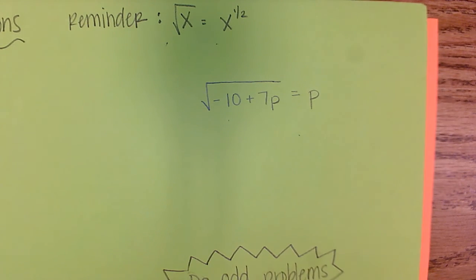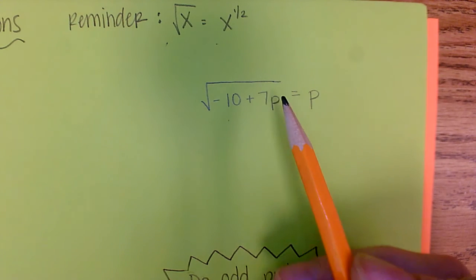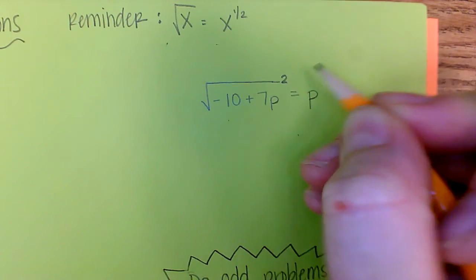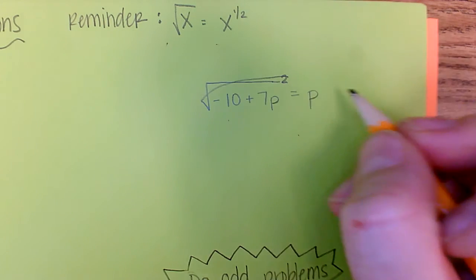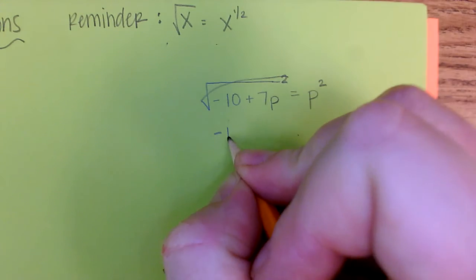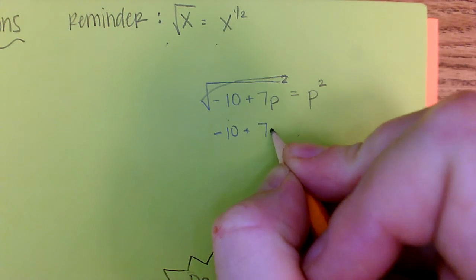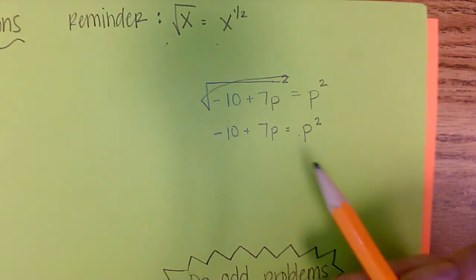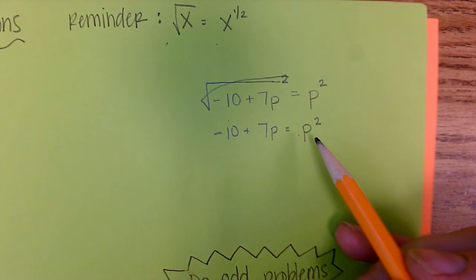The square root of negative 10 plus 7p equals p. So again, our square root is on a side by itself. So we can go ahead and square it to get rid of it. What we do to one side, we have to do the other. So we have negative 10 plus 7p equals p squared. Okay. The squared tells us this is quadratic.